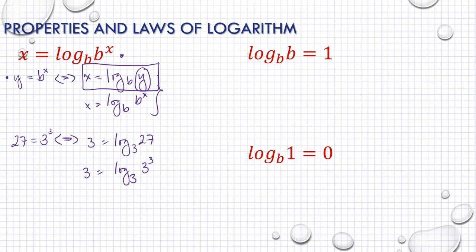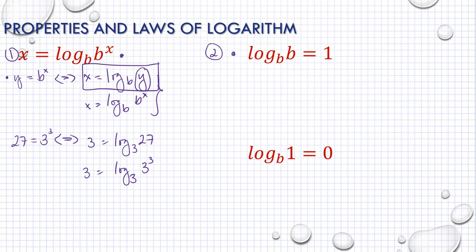To understand the next property, you need to understand the first property. If I say this is the first property and this is the second property, to understand that, we need to understand the first one.